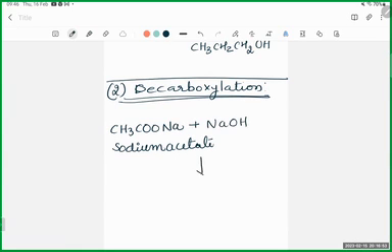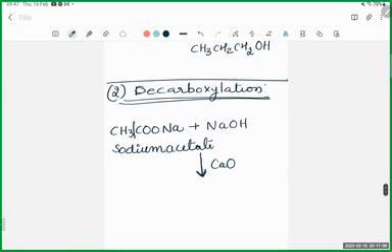Sometimes they ask what soda lime is. So let me tell you, soda lime is a combination of NaOH and calcium oxide. Why do we take calcium oxide? Because the salt produced here is of a very hard, crusty nature. So to avoid blockage of the glassware, we use a base, calcium oxide.